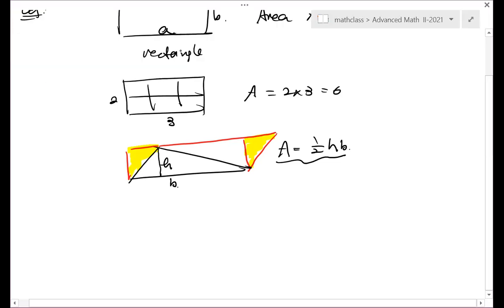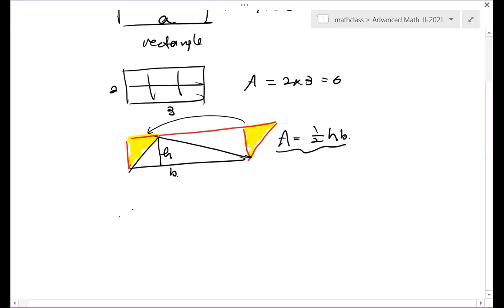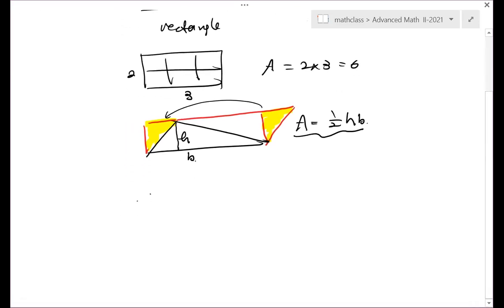Two triangles glued together, you cut this one corner and then move it to here, and then you get a rectangle. Now the rectangle, the width is h, the length is b. So the area of the triangle is going to be half of the area of this rectangle, right? The rectangle's area is h times b. So that's how you get this, and that's the first formula, right?